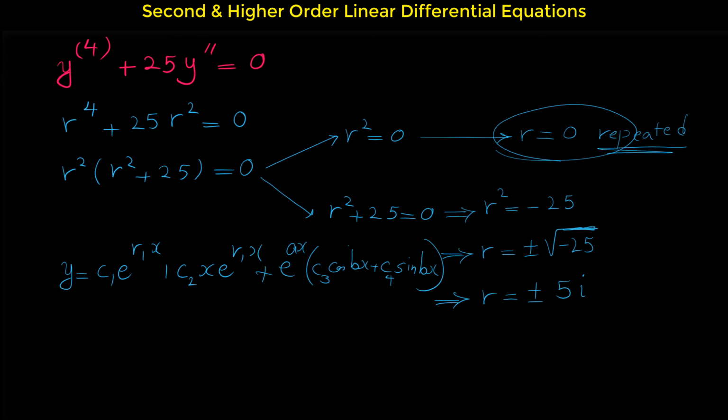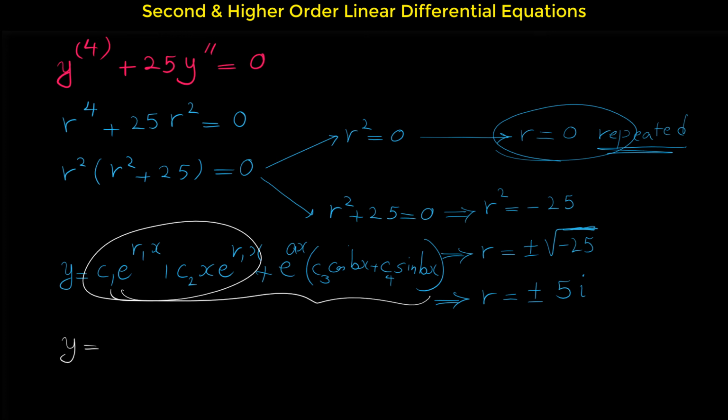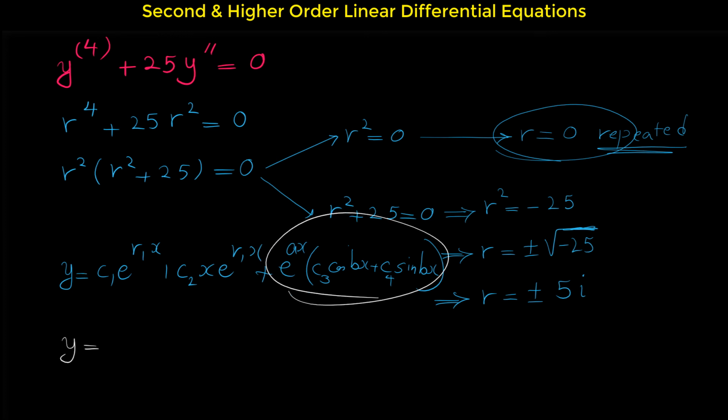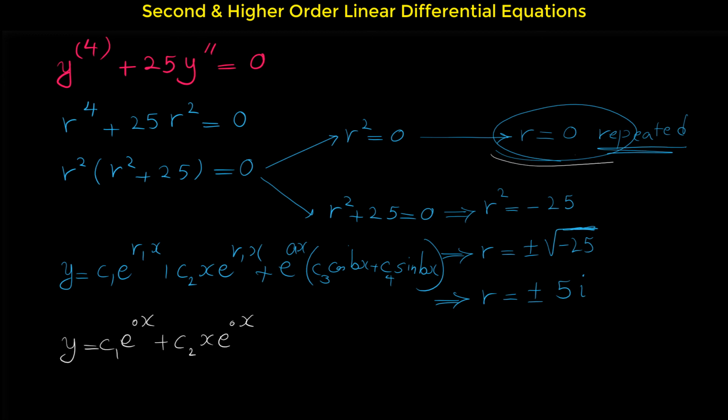Now, based on this formula, note that this is not a new formula, it's just a combination of the two formulas that we have for repeated roots and complex roots. C sub 1 e to the 0x plus c sub 2 x e to the 0x, the root that is repeated, r1 is 0, plus e to the ax.